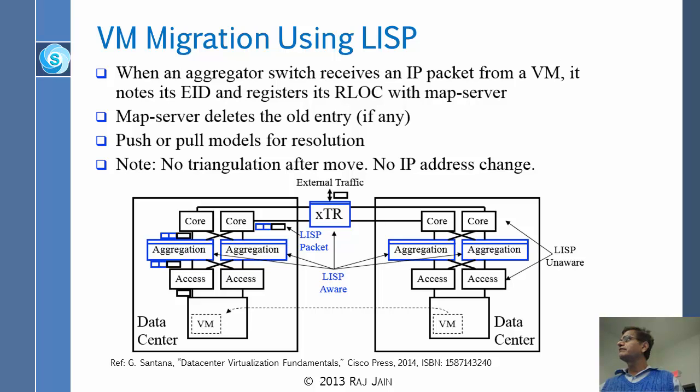There are two locators on this side, two locators on this side, so you really have to do the encapsulation and decapsulation. But inside here, there is no encapsulation or decapsulation. This is like this picture here. If there is a reason for traffic to go and come back again, then you will need to do encapsulation. But if the traffic is just inside here, you don't need encapsulation.